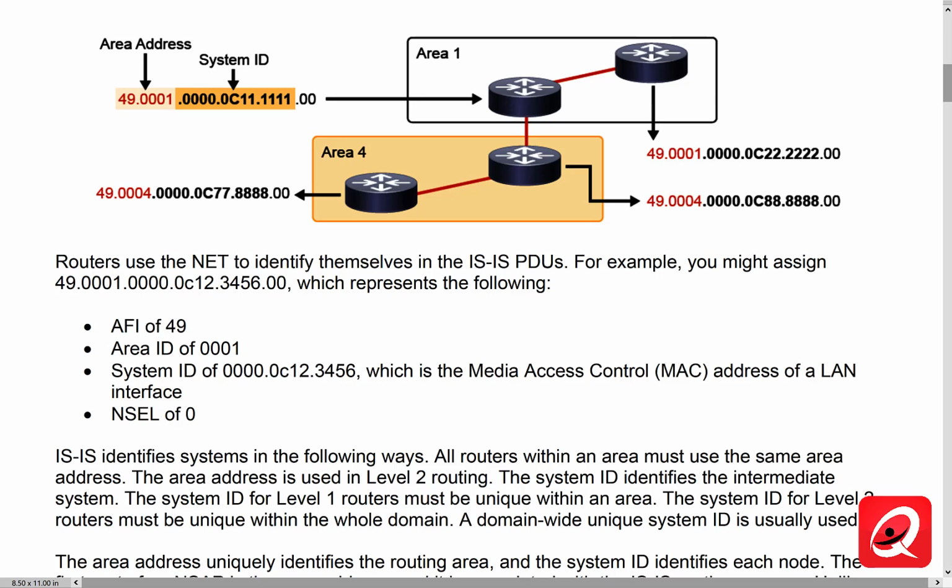Okay. The area address identifies the routing area. The system ID identifies the node within the area itself. The first part of that NSAP address is the area address, and that's associated with the ISIS routing process. But unlike OSPF, an ISIS router can actually be a member of only one area because the node goes into the area, not the interface. So all the routers in the same area must have the same area address, which essentially creates that area.